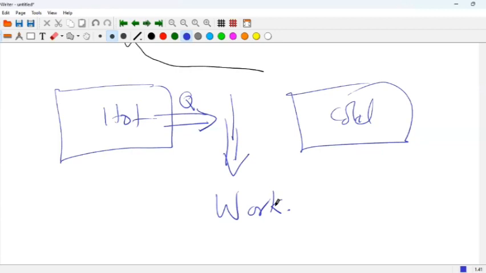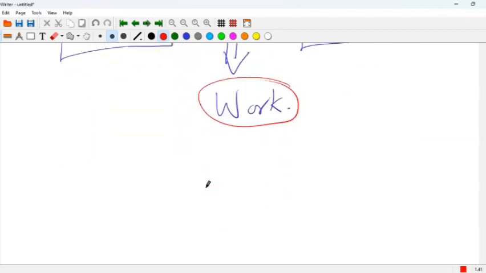This is what happens in the bus when it comes to PQ. All that happens is that there is the hot system and a cold system. As heat moves from one to another, it is trapped and performs work. We will learn later on that we cannot use all the heat. There will still be some heat that will escape us, and some heat that will still go to the cold system. Now, thermodynamics is interested in the relationship between heat and work. That is what thermodynamics is interested in.